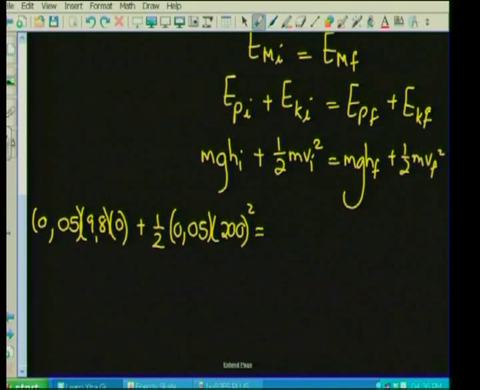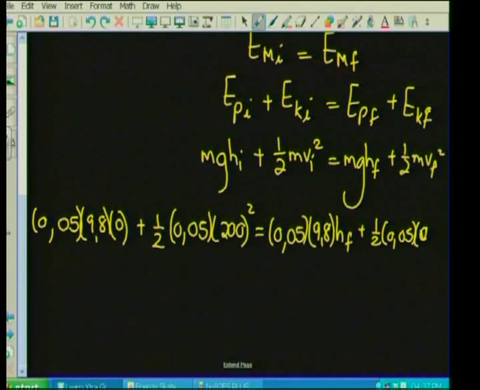Equal to mass 0.05, gravity is 9.8, height we don't know, plus a half 0.05 times 0, because that was my final velocity. So before we even start using our calculator, let's just actually make this a little bit easier to work with.